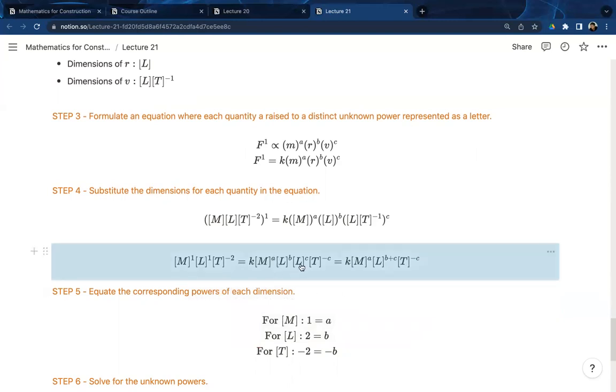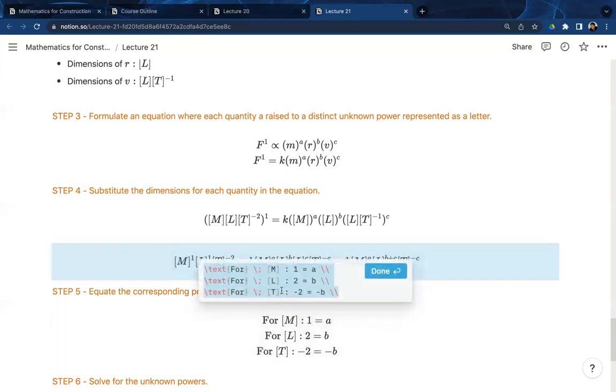So M is A, T is to the minus C, but this L to the B by L to the C is L to the power B plus C. Okay. Now we create the corresponding powers. So for M, 1 is A. So we know A is to the power 1. For L, the left-hand side is 1, and the right-hand side is B plus C.